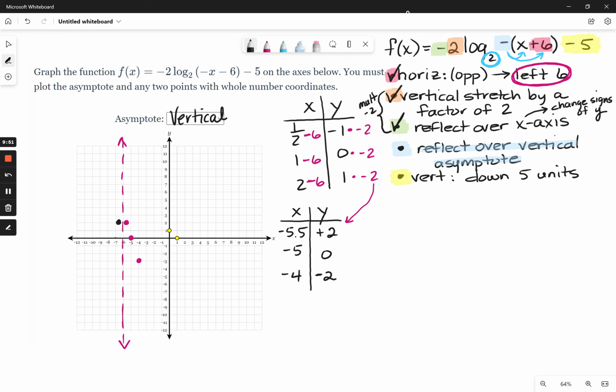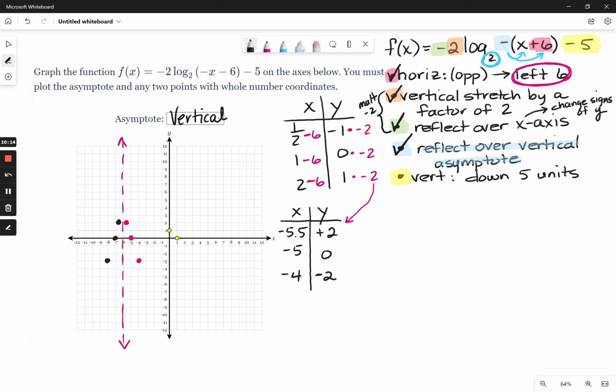Literally all you're doing is jumping over, but make sure that you keep the same distance away from your vertical asymptote every single time, okay? So that's the next step that you just finished doing, this blue step.